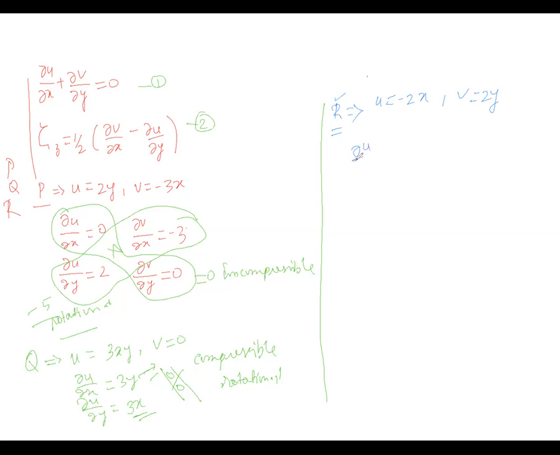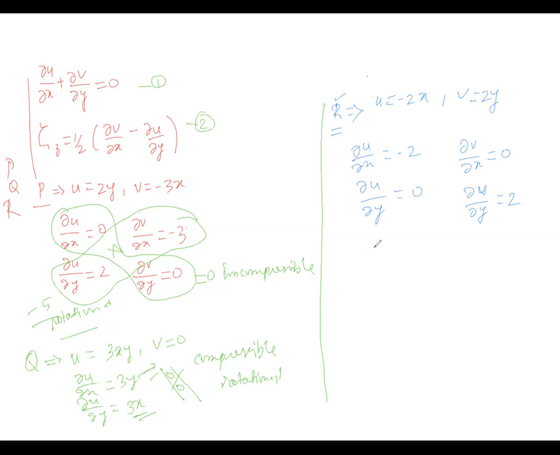So dou U by dou x equals minus 2, dou U by dou y equals 0, dou V by dou x equals 0, dou V by dou y equals 2.